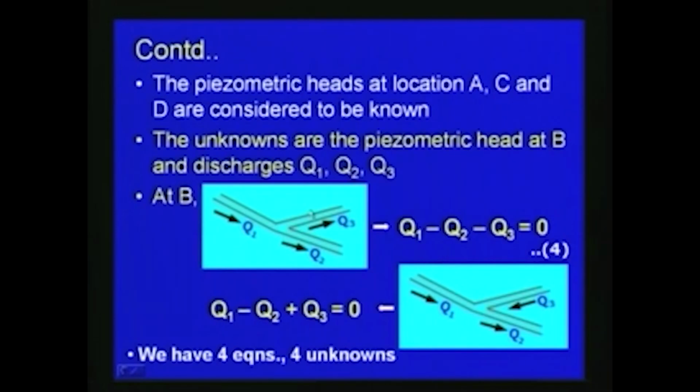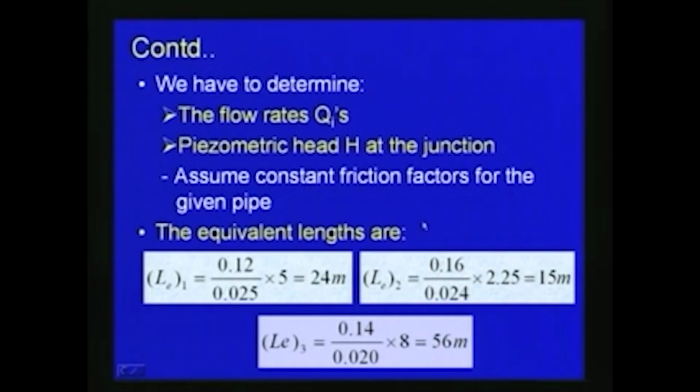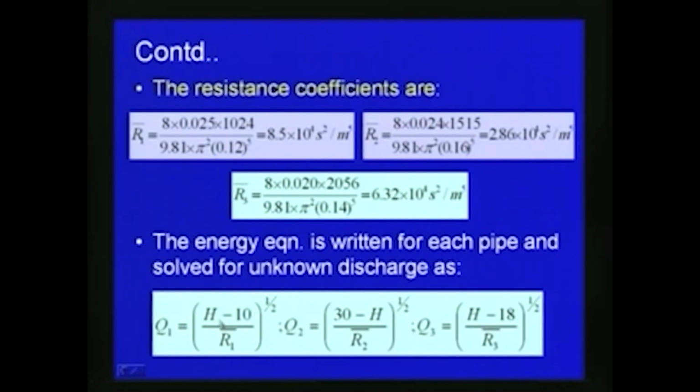The basic equations we have already seen, and we can now write the final equation with respect to the discharge. Q1 we get as H minus 10 divided by R1 bar to the power 1 by 2, or square root of H minus 10 by R1 bar, and Q2 is equal to square root of 30 minus H by R2 bar and Q3 is equal to square root of H minus 18 by R3 bar.